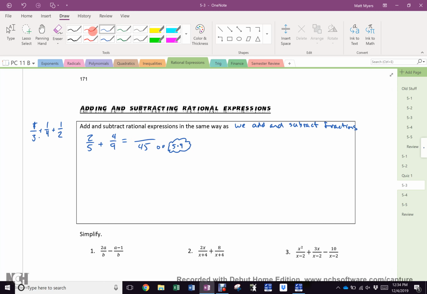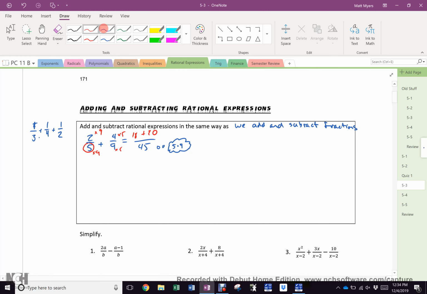Now, what did you have to do to that to get it to 45? You had to multiply it by 9. So what do you have to do to his numerator? 9, which gets you 18 plus, had to multiply that by 5 to get 20. Agreed? And then you would have had to simplify.